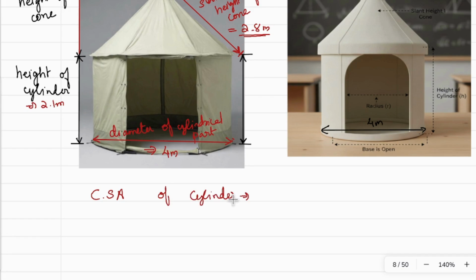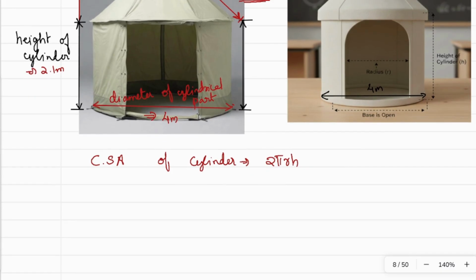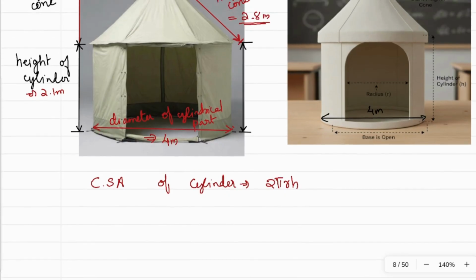In order to find the CSA of a cylinder, what do we need? 2 pi r h, right? This is the equation for finding the CSA of a cylinder. Now, we also need to find the CSA of the cone.